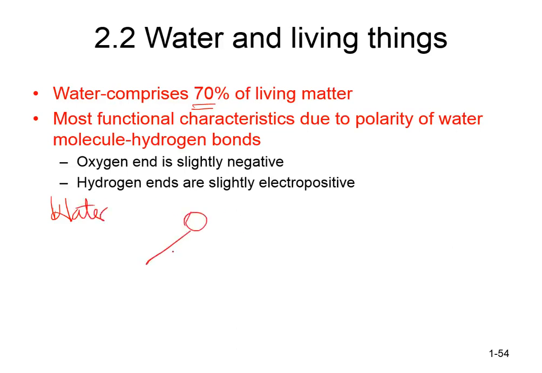So if you write a water molecule here, this one is partial positive and partial negative. So electrons will move towards the oxygen because oxygen is pulling the electrons towards itself, therefore making water polar.